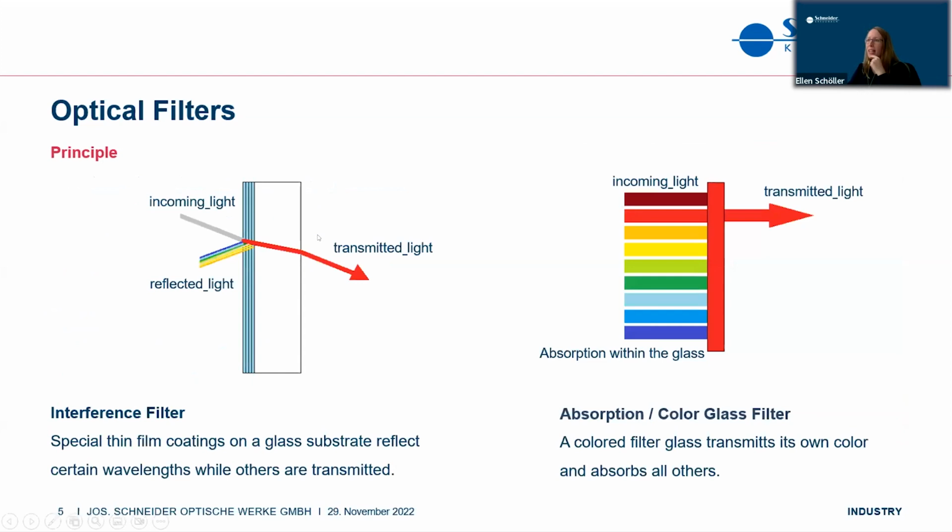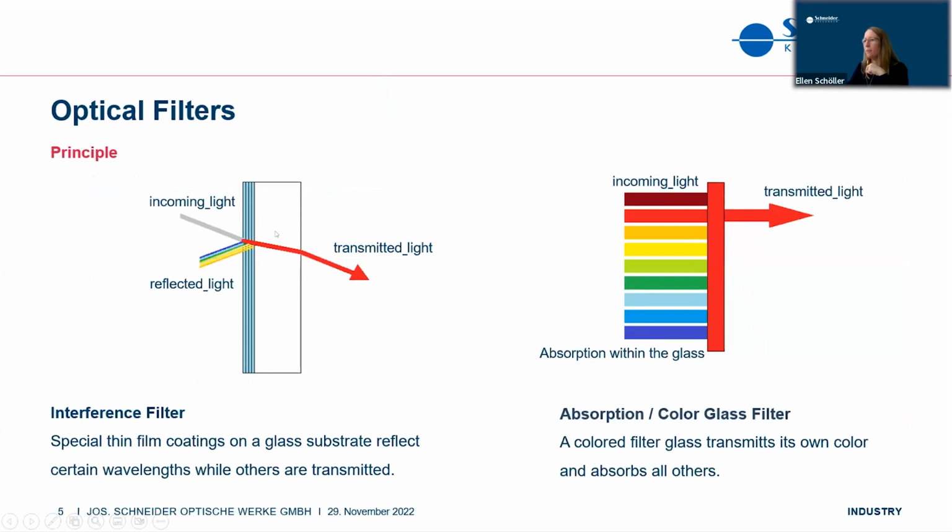A more detailed look at the working principle of filters. On the left-hand side, we have the interference filters. And on the right-hand side, we have the absorption filter. First, have a look into the interference filters.